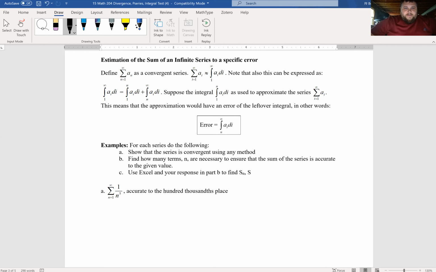So here's a series, or they're telling us we have a series that is already convergent, and it says we want to estimate the sum to a specific error.